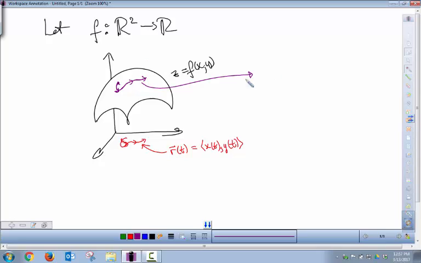I don't want to call it r of t again. No, I know what. Let's call it capital R of t. Now, what's capital R of t going to equal?